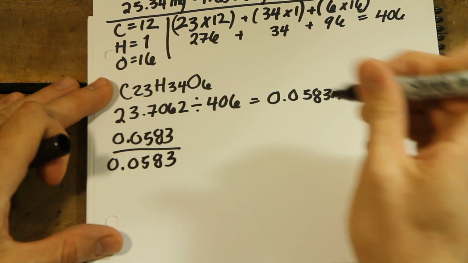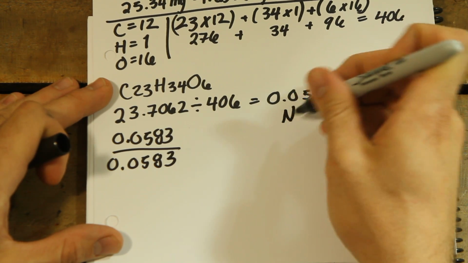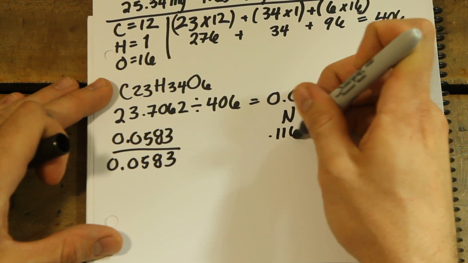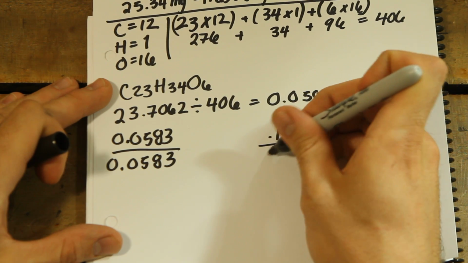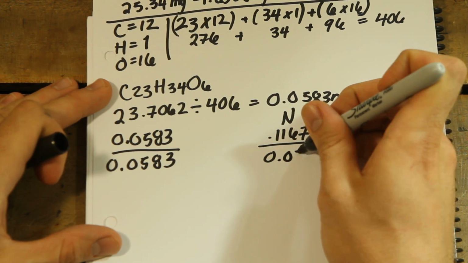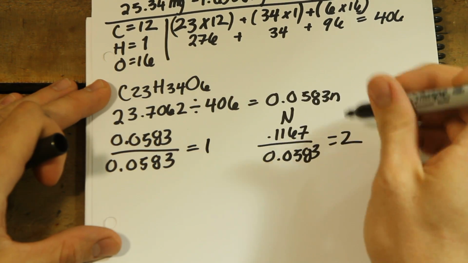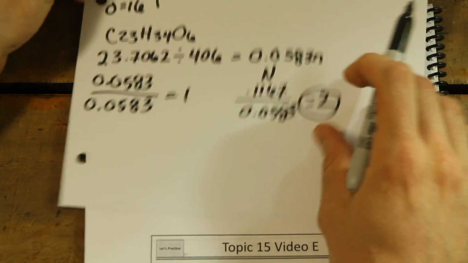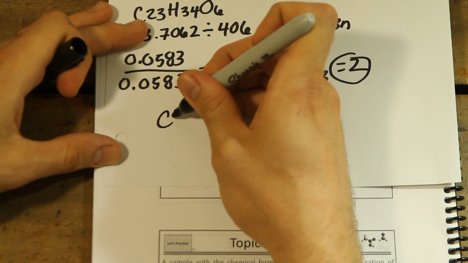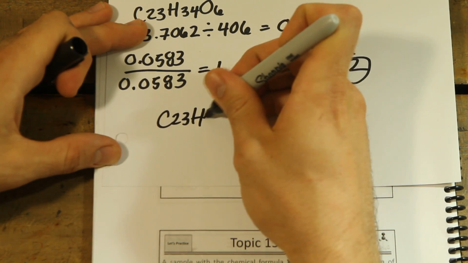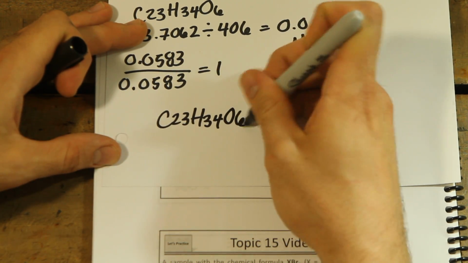As we found earlier, there is 0.1167 moles of nitrogen. We then divide both halves of the ratio by the smaller molar amount. In this case, it is 0.0583. 0.0583 divided by 0.0583 is 1, whereas 0.1167 divided by 0.0583 is 2.